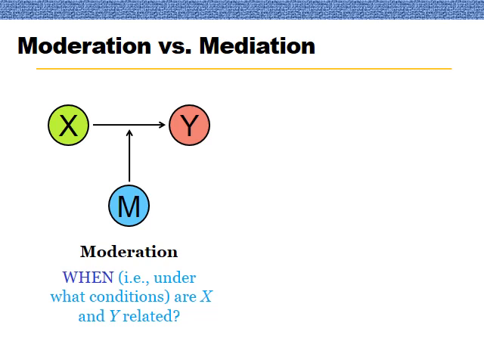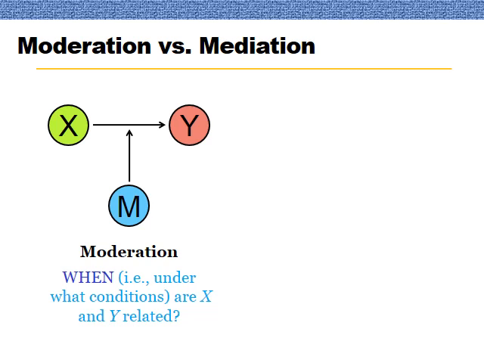With moderation, what we're saying is that the relationship between x and y is true for some people, but not other people. Or maybe the relationship between x and y is stronger for some people and weaker for other people. The moderator is that third variable that tells us the conditions under which the xy relationship exists, or the conditions under which the xy relationship is stronger versus weaker.